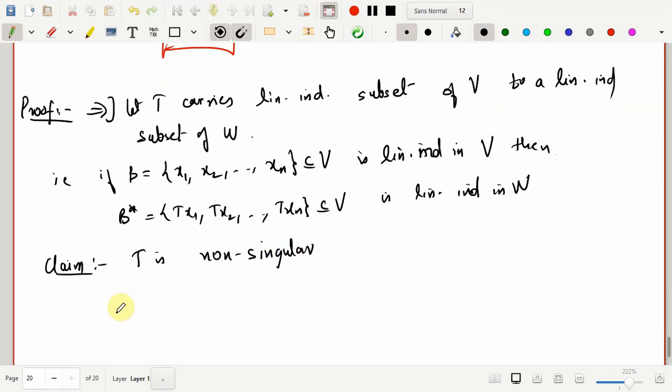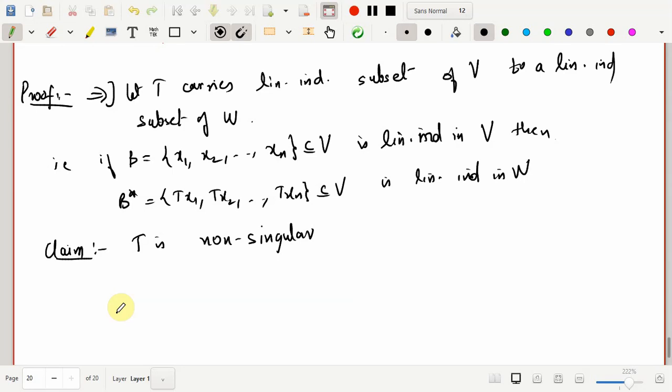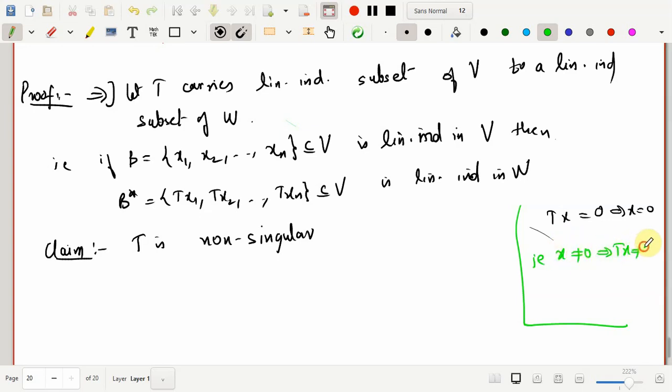So how would one show that T is non-singular? There are many ways. Either you can show that the kernel of T is the singleton {0}, or you can use this definition: Tx = 0 implies x = 0. One should notice that the contrapositive is also true: x non-zero implies Tx is non-zero.